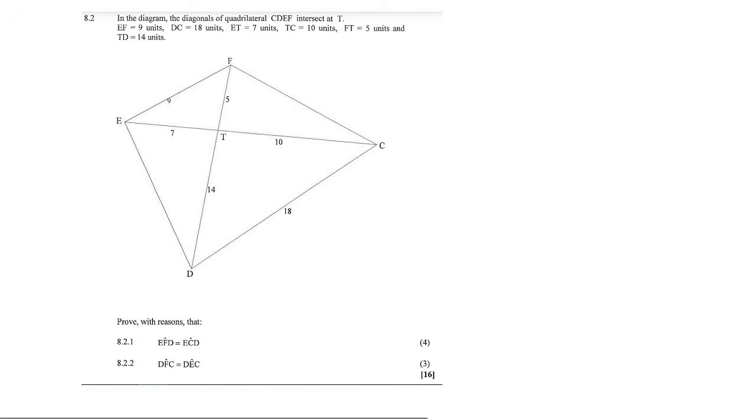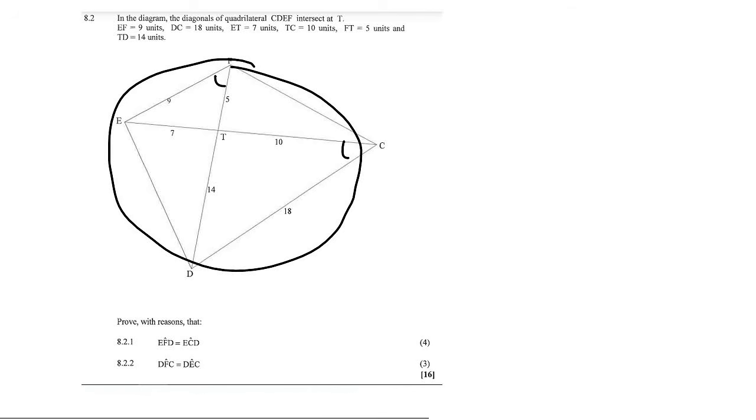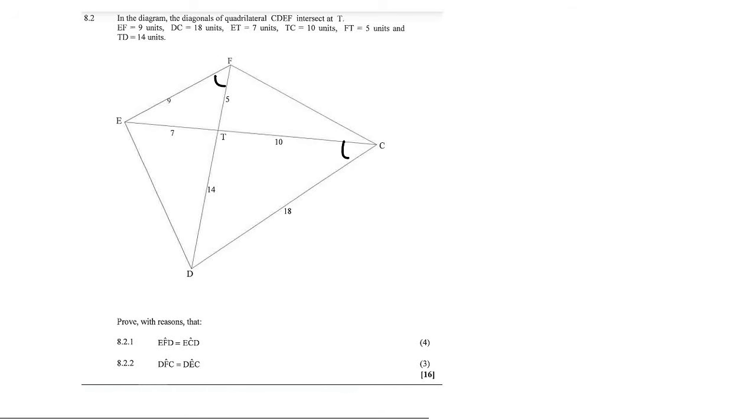Okay, guys, so in question 8.2, they would like us to prove that angle EFD, which is this one, is the same as ECD. Now, of course, they look like they're the same because we are so used to having circles going around, then you could use angles in the same segment. But we don't have that. What we can do, though, is work in this triangle, and we can use the cos rule in reverse.